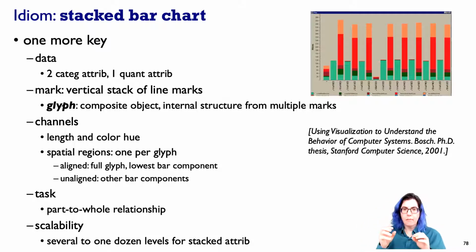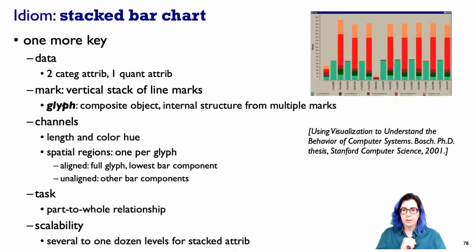But we don't have high precision length for those intermediate segments, like the red segments, the orange segments. It's harder to tell if they're exactly the same height or not because they are not aligned on a common scale. They're actually unaligned. So it's still a spatial position judgment, but unaligned length is harder to understand than aligned length. So we are less accurate with those.